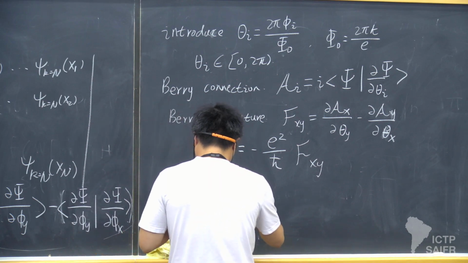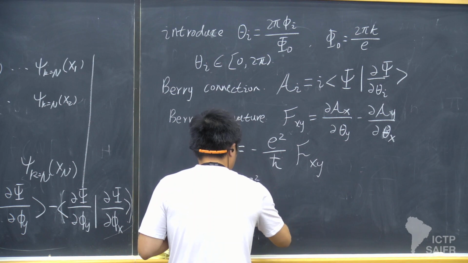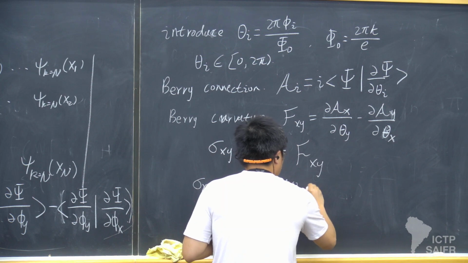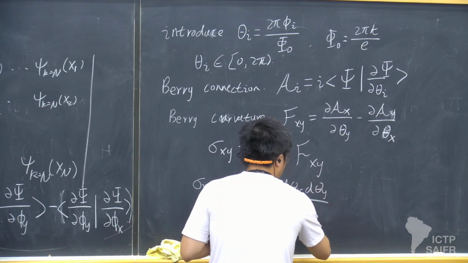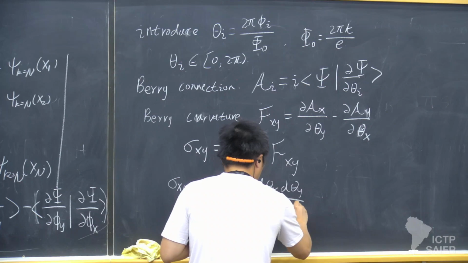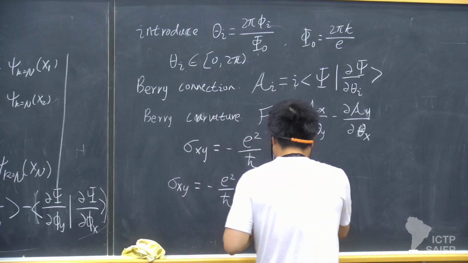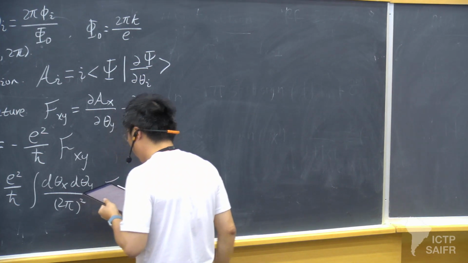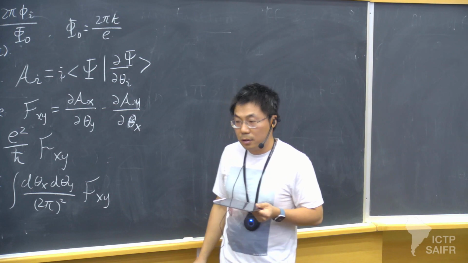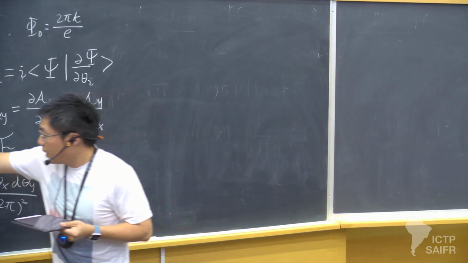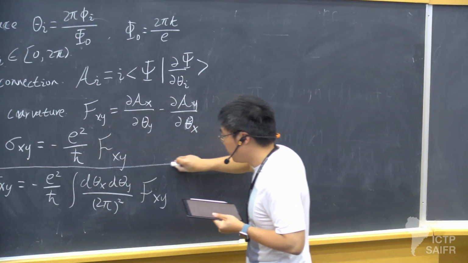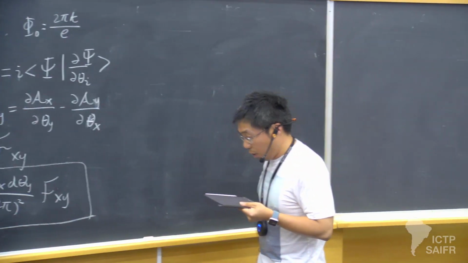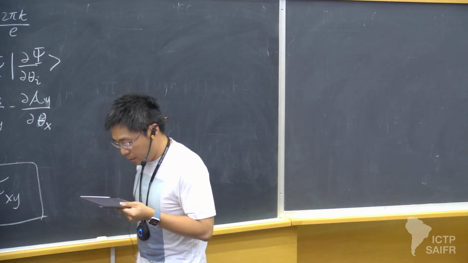So let's just integrate over this theta_x and theta_y, and over F_xy, right? So we end up with this formula, and what we are going to show is that this will be quantized.